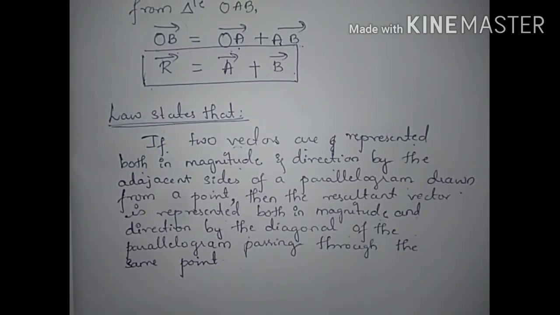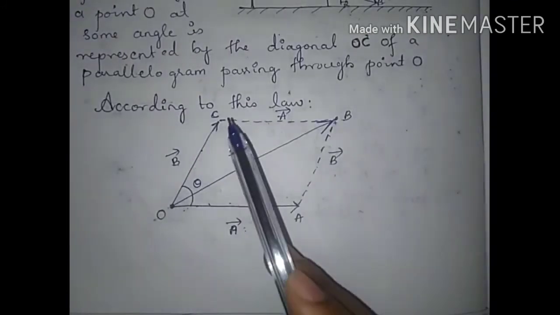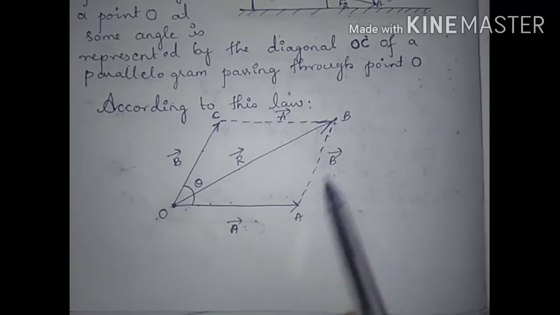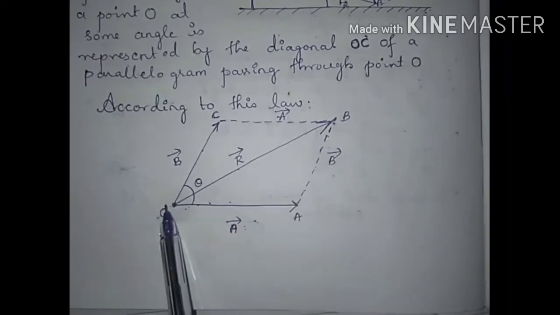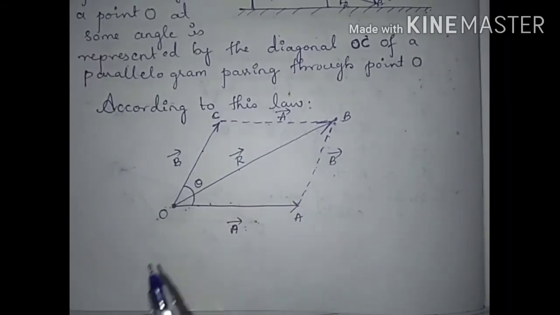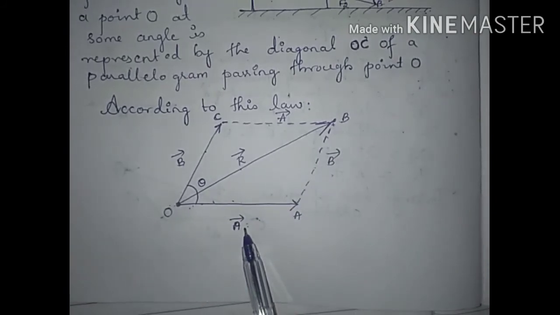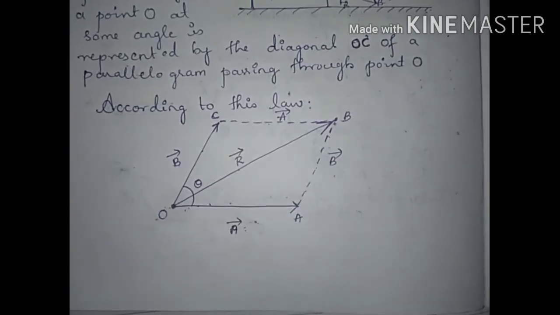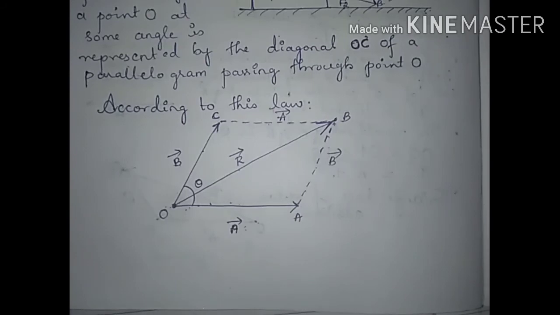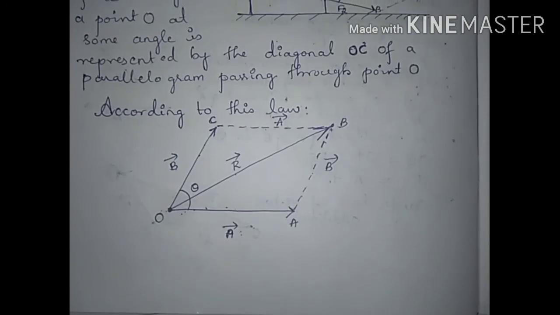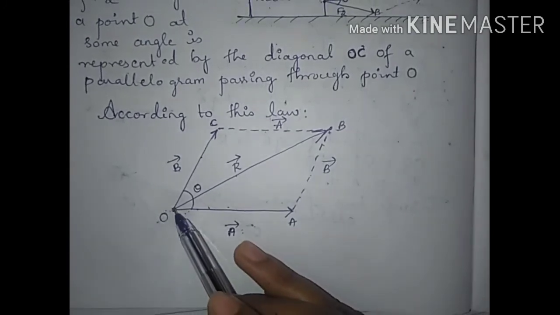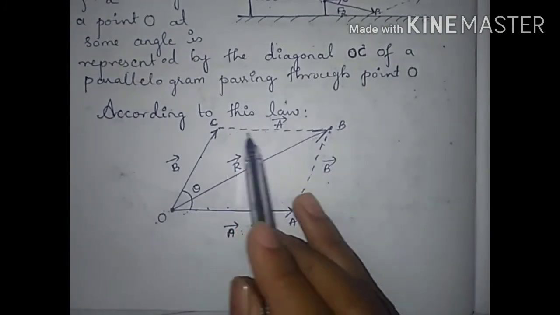So this I have shown by drawing the diagram. Here is the diagram. So this is the parallelogram. OABC is a parallelogram. So now you have two vectors, vector A and vector B. So the magnitude and the direction of vector A and the magnitude and the direction of vector B are given. So now for these two vectors, if you want to find the resultant vector, then you have to draw the diagonal for this parallelogram.